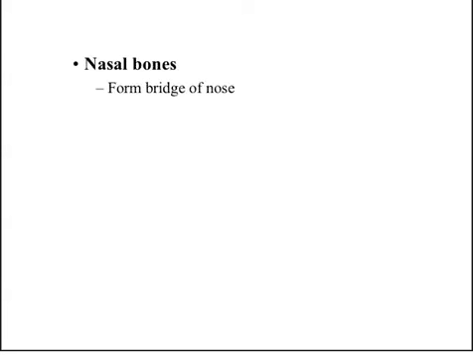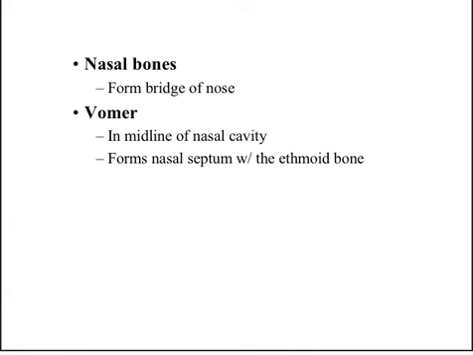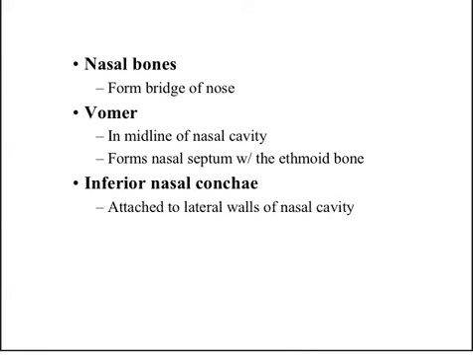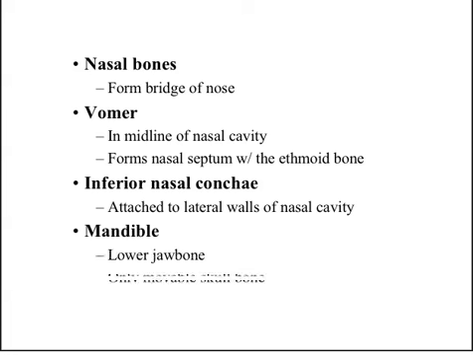The nasal bones form the bridge of the nose. The vomer is in the midline of the nasal cavity and forms the nasal septum with the ethmoid bone. The inferior nasal conchae are attached to the lateral walls of the nasal cavity, and the mandible is the lower jaw bone, the only movable skull bone.